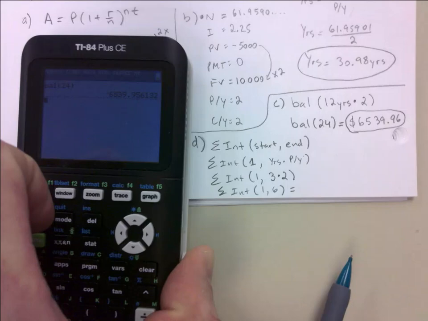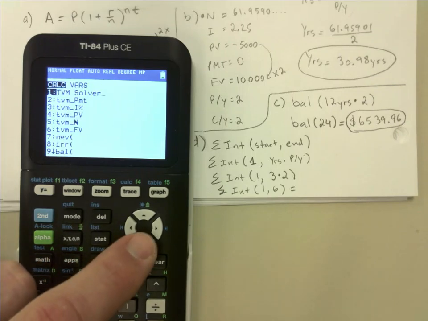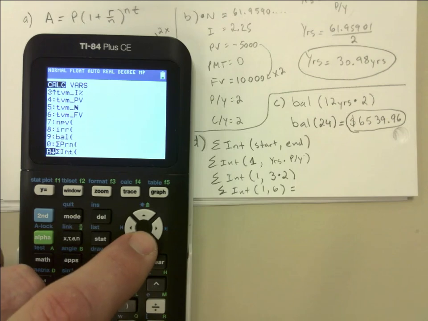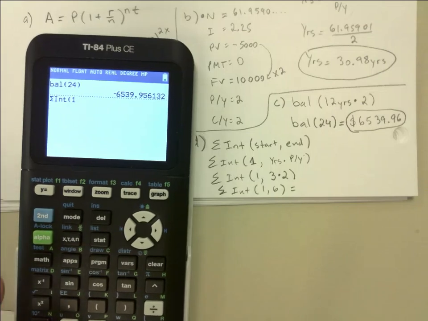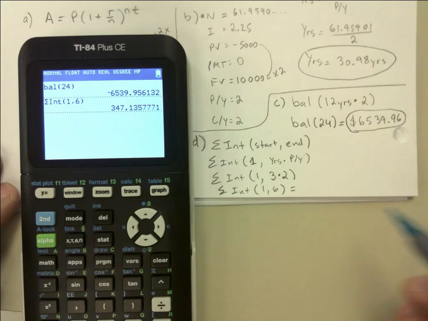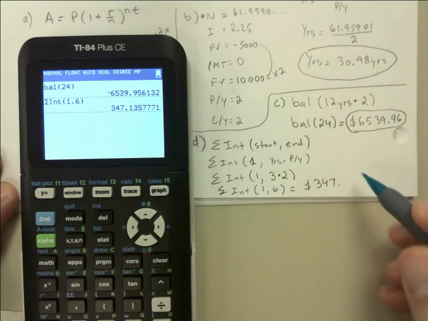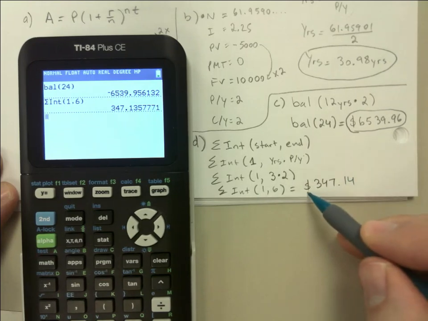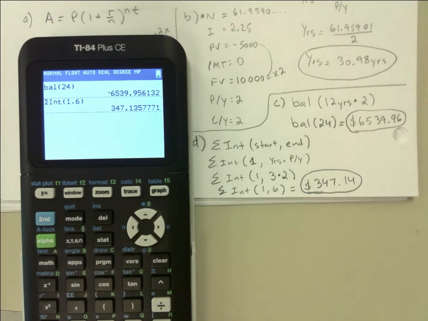So grab your calculators. You should be on the home screen for this one. We go apps, finance, and you got to go all the way down to sum of interest, that one right there. And then you just go 1, 6. So this one needs a start and an end. Balance does not. So you will have earned $347.14 at that point.